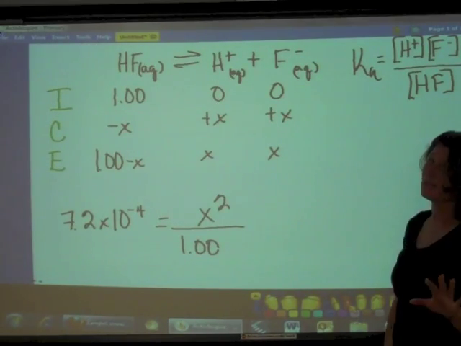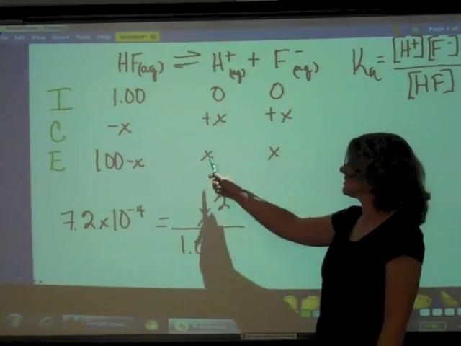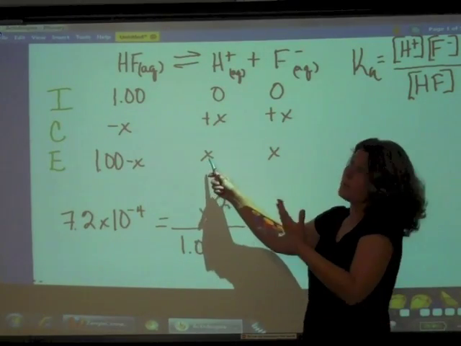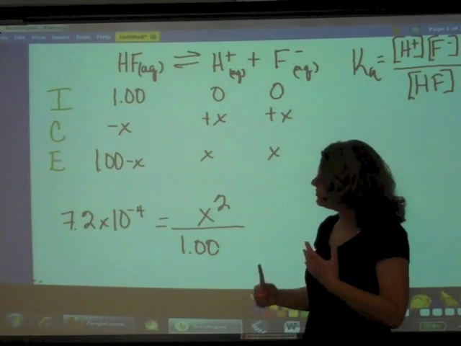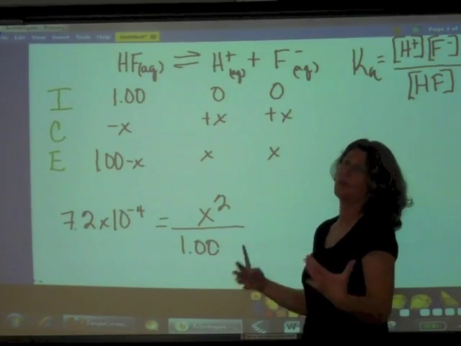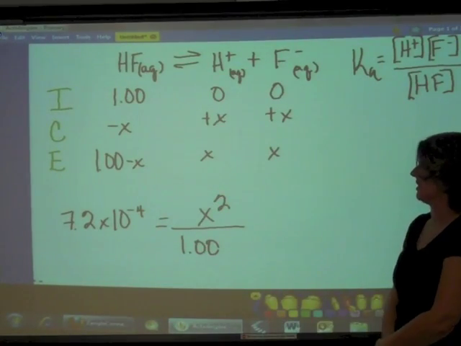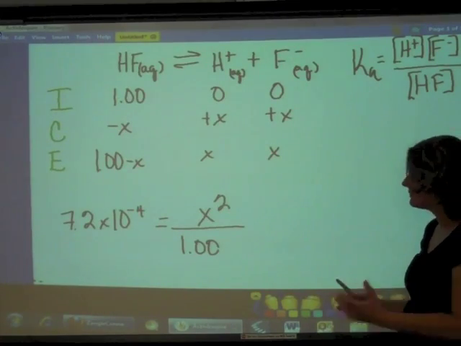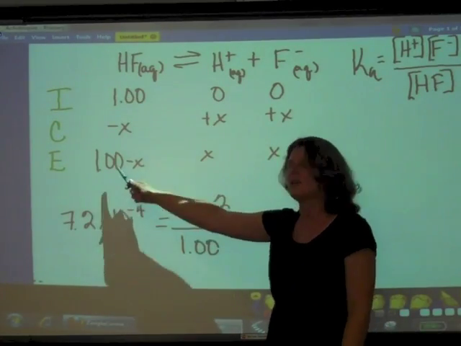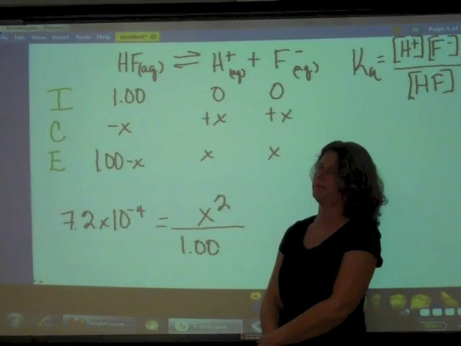Now, not totally negligible because it's providing the hydrogen ion in solution that is going to affect the pH of this thing. But it's not going to be very much of this 1.0 molar.